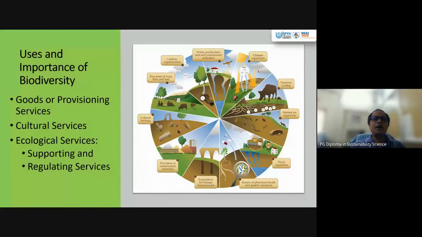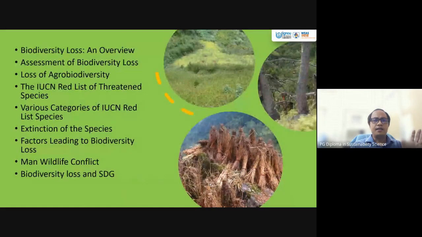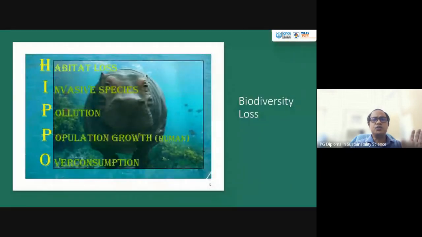We know about the uses and importance of biodiversity: goods or provisioning services, cultural services, then ecological services like supporting and regulating services, which we talked about yesterday in the last session. Now let us look into how biodiversity loss happens. One cause is habitat loss. When habitat is lost, species will automatically not be able to survive in that place.